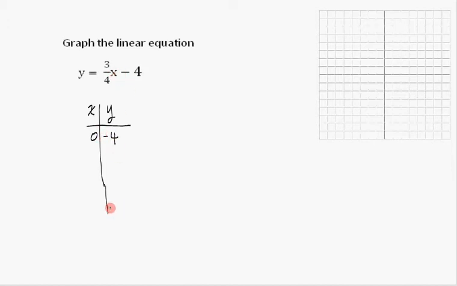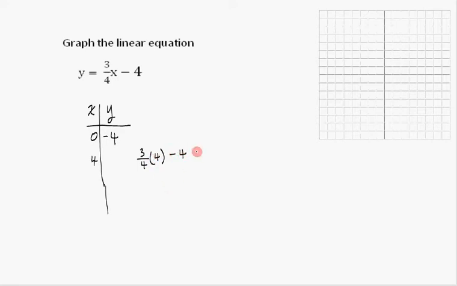Now for our second x value, you might be tempted to plug in 1, which isn't the end of the world, but we would not get rid of this fraction, and we really want to get rid of this fraction. So let's plug in 4, because that gets rid of our fraction. Look what happens. 3/4 times x, so now x is 4, minus 4.